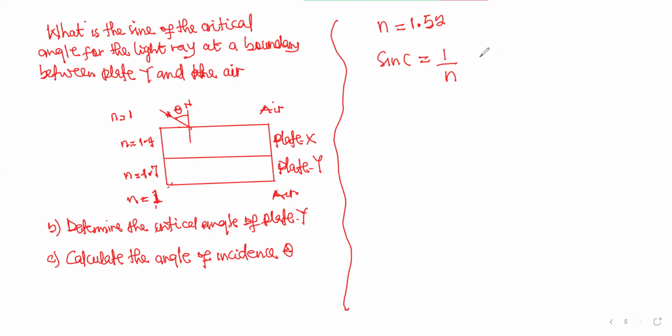Therefore, this will be equal to 1 divided by 1.52. Therefore C would be equal to the sine inverse of 1 over 1.52. Let me check to confirm the exact value.